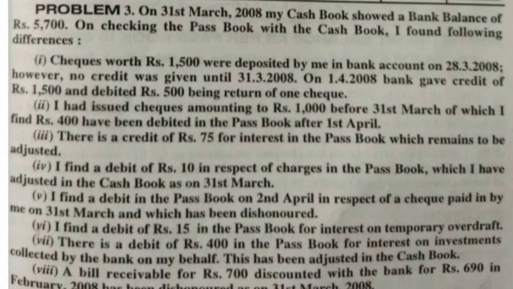So now it will come to Bunty and say, Bunty, the bill which you gave in the February month got dishonored by your customer. So on behalf of your customer, Bunty, you need to pay the bill amount of 700 which we gave you on a discount basis in the month of February 2008. So now the bank will collect the amount of rupees 700 from Bunty from his account.